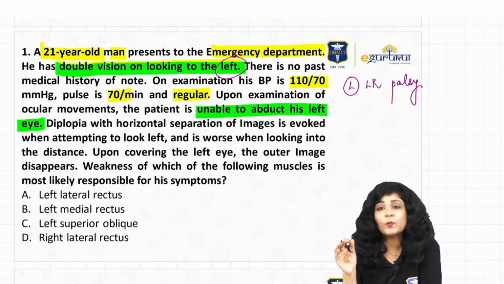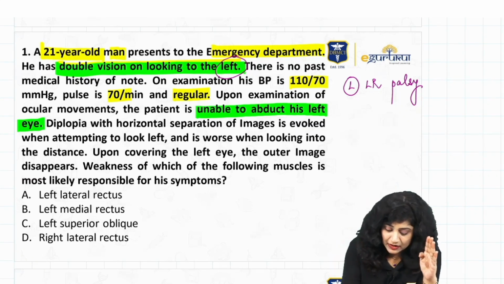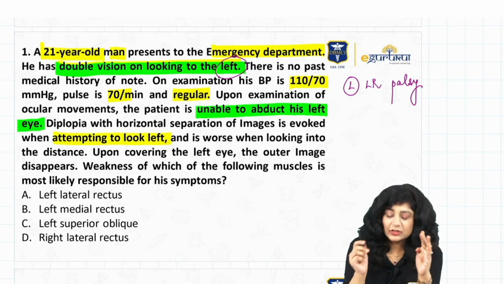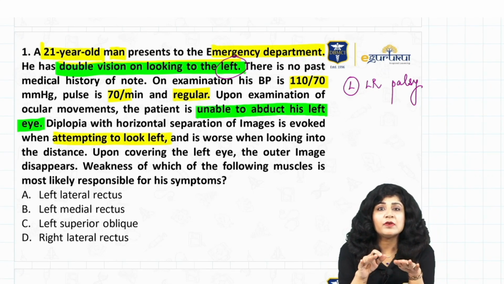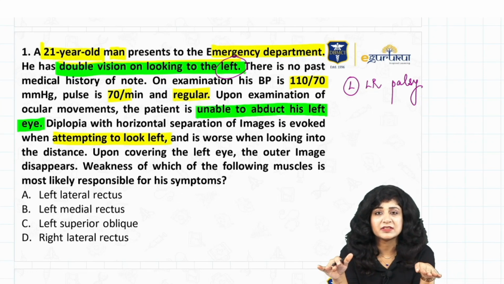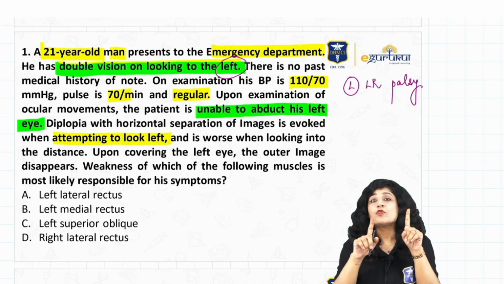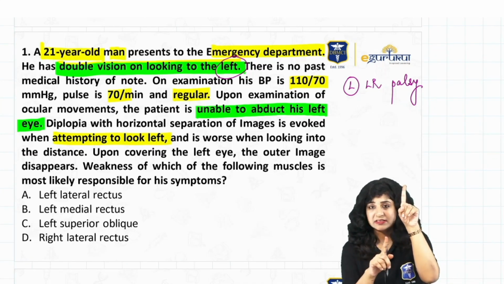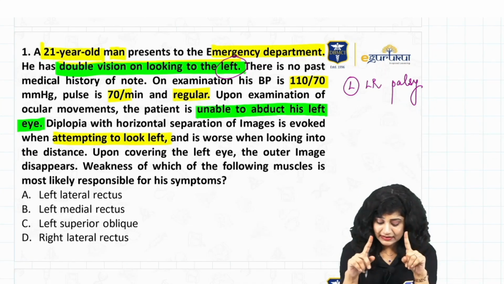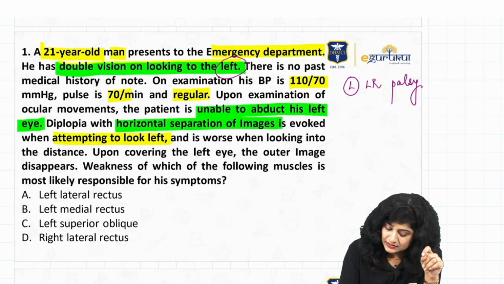Now diplopia with horizontal separation of the images is coming when attempting to see towards the left. Whenever we have a palsy in the horizontal direction, a horizontal muscle affected, we will have two images which are horizontally separated. When we have vertical diplopia, they are vertically separated. Now here they are saying that there is a horizontal separation of images. So this again tells me that this is actually horizontal diplopia.